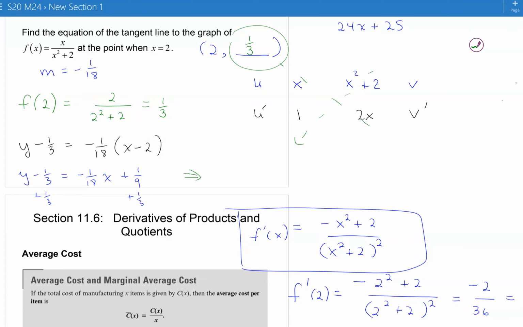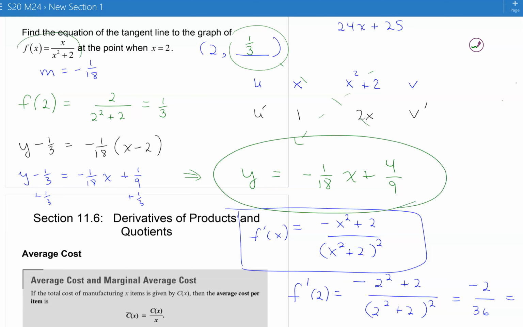Get y equals negative 1/18 x plus 4/9. So let me encourage you to draw the graph of x over x squared plus 2 on Desmos, and then draw the graph of this tangent line and see visually what's happening there. And then I'm going to pause this video here and come back and do the last little bit.